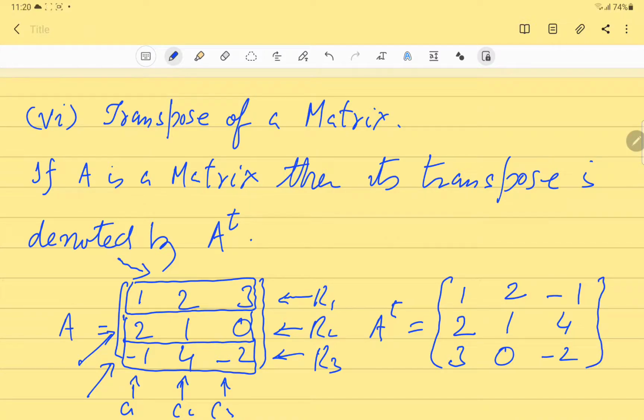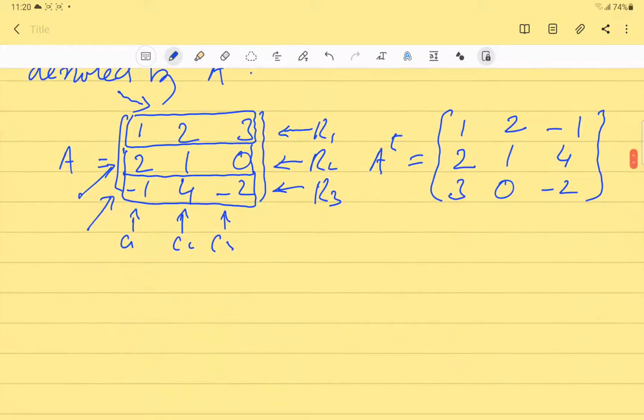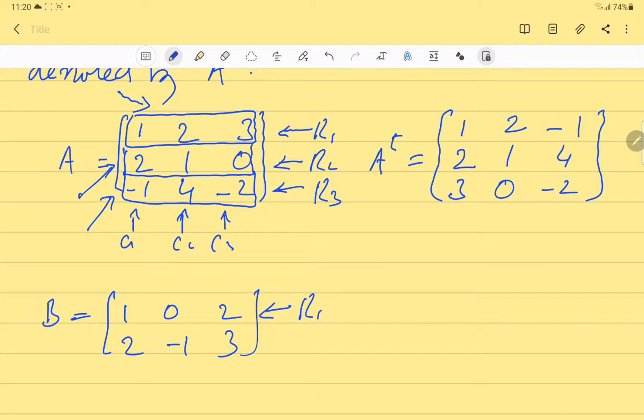So this is the transpose of a matrix, and this is how we find it. Let's take another example. Suppose we have a matrix B which is equal to 1, 0, 2, 2, minus 1, 3. Again we will do the same thing. This is R1, this is R2.